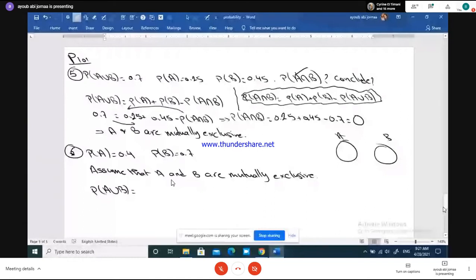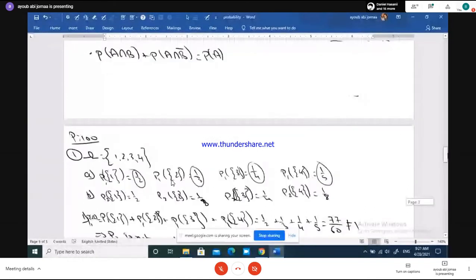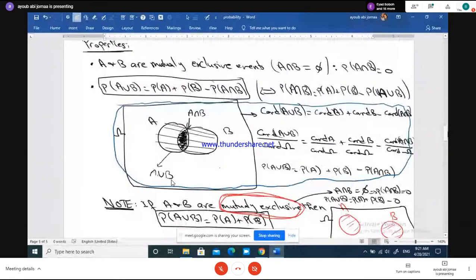The rule. In case A and B are mutually exclusive, then continue عمر. Probability of A. Good.